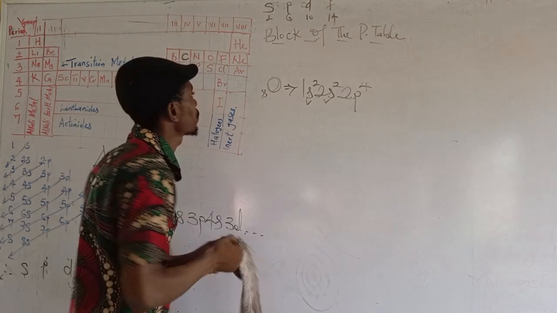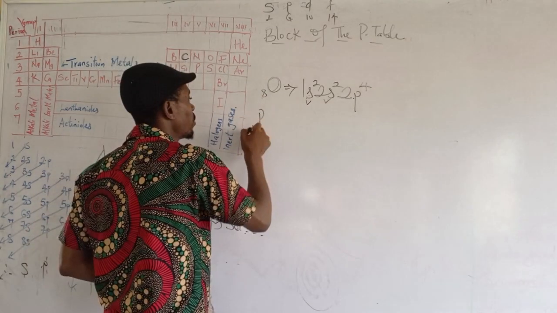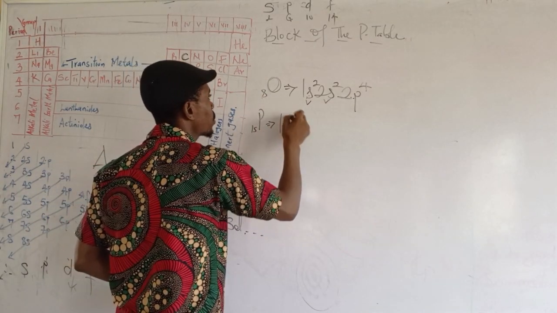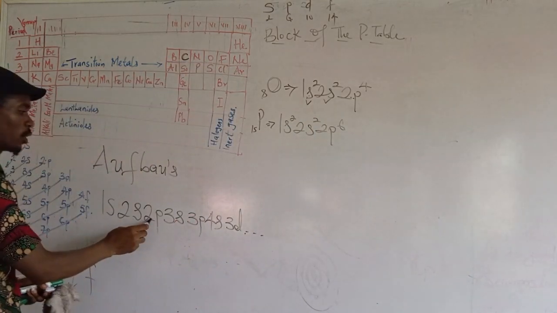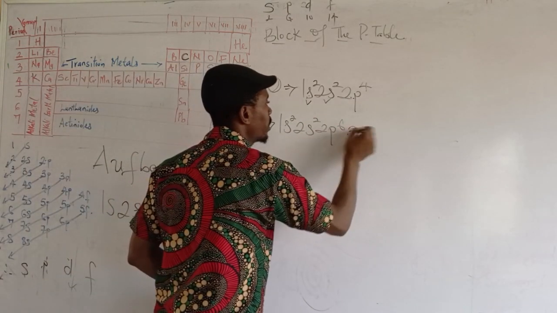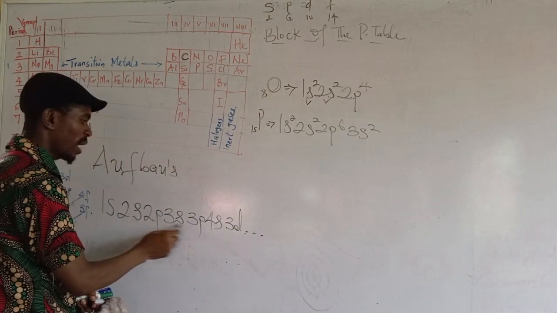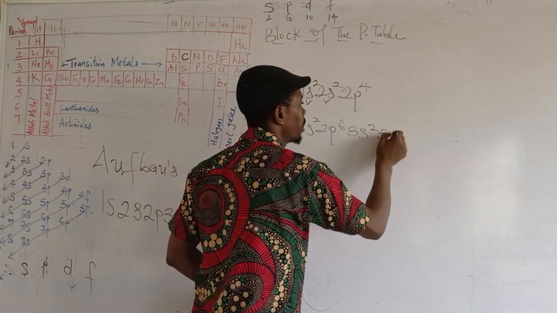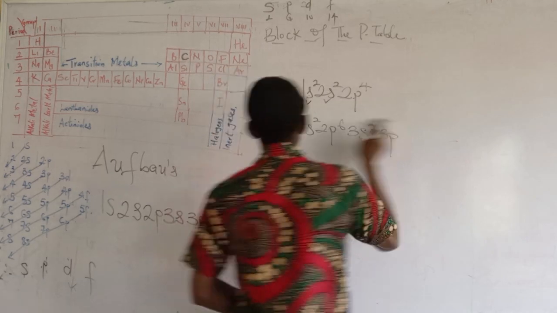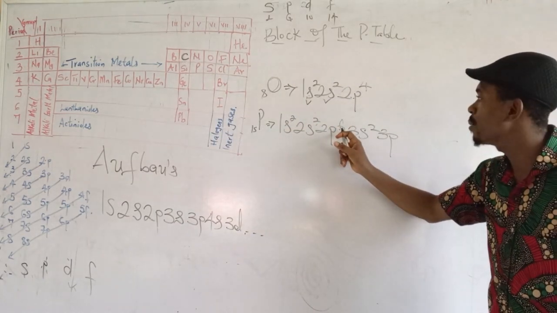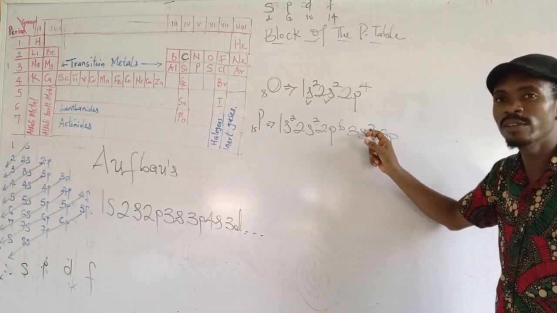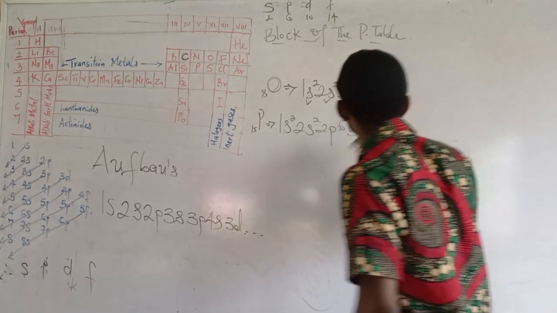Phosphorus is 15. So P15 will give us 1s2, 2s2, 2p6. After 2p, what do you have? 3s2. After 3s, we have 3p. I don't know what should be here until we count. So this is 2 plus 2, 4 plus 6, 10 plus 2, 12. So we are left with 3 to make it 15. Put a 3 there.